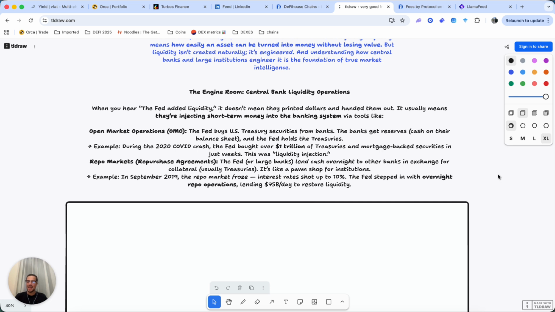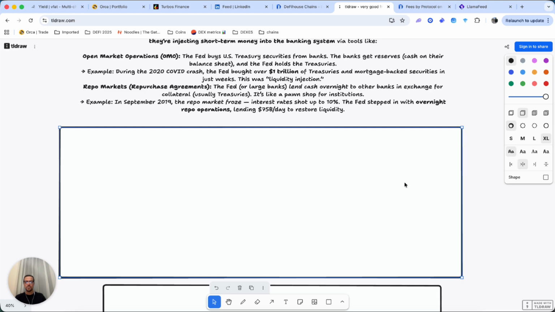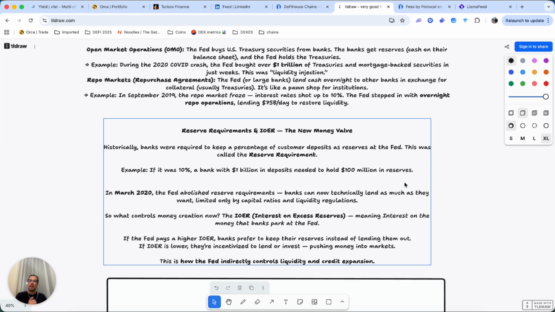So the Fed had to step in with overnight repo operations, lending 75 billion a day to restore liquidity. Once again, when you really think about it from behind the scenes, from a different angle, all of this is just a massive invisible flywheel that we call money.